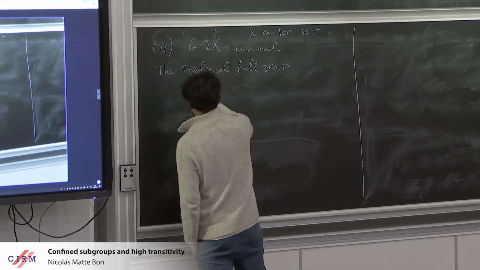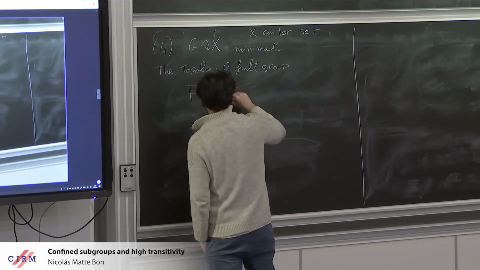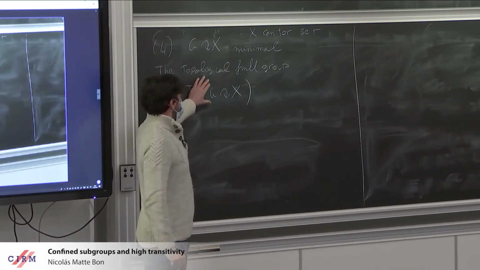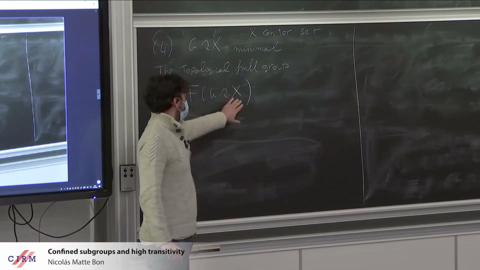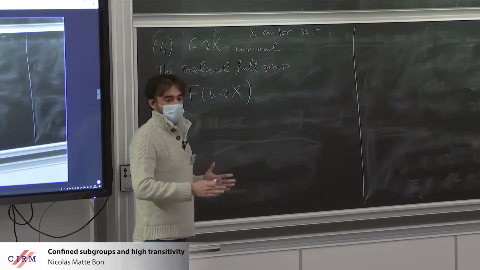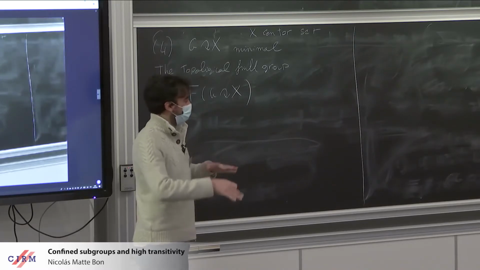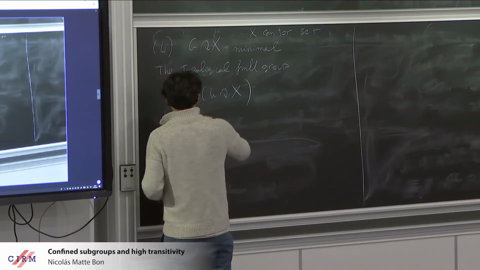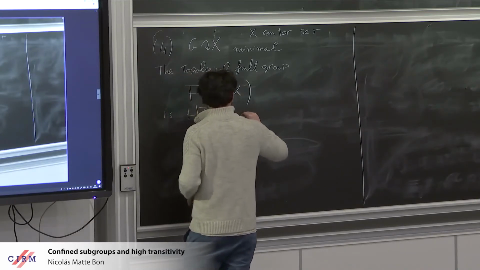Let me not write the definition because I won't really use it, but let me say what it is. It's just the group of all homeomorphisms of X which locally coincide with elements of G. So this is a very flexible group, and it is highly transitive on each of its orbits.